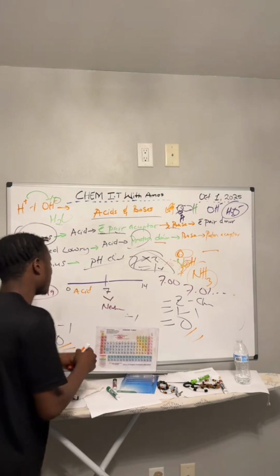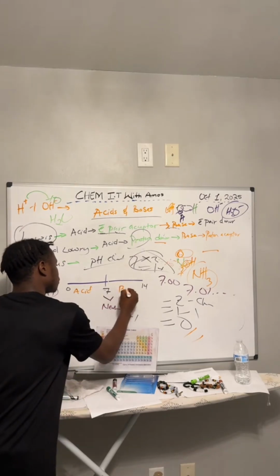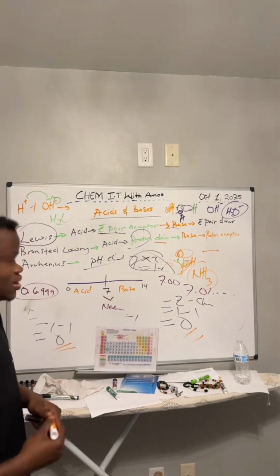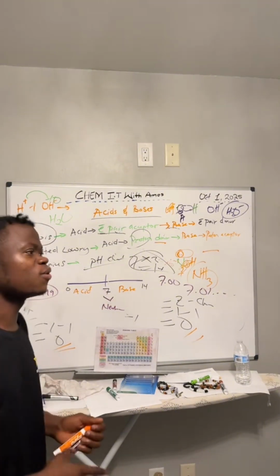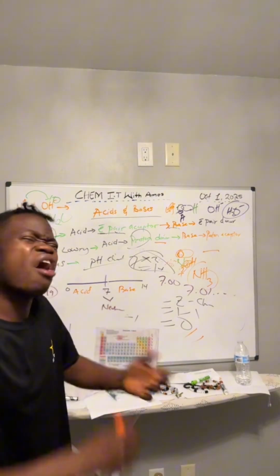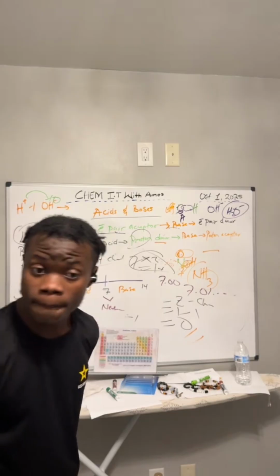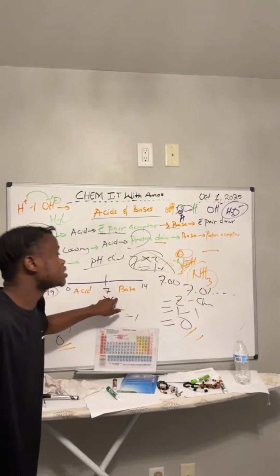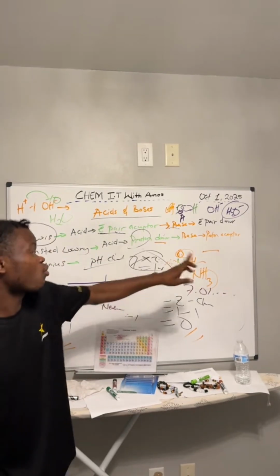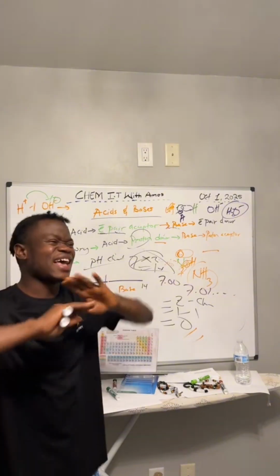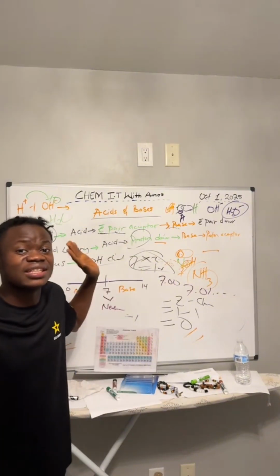So don't say base ranges from 7 as I said it. No, nope. Base ranges from 7.01 to 14, because once it is exactly 7, that is neutral.